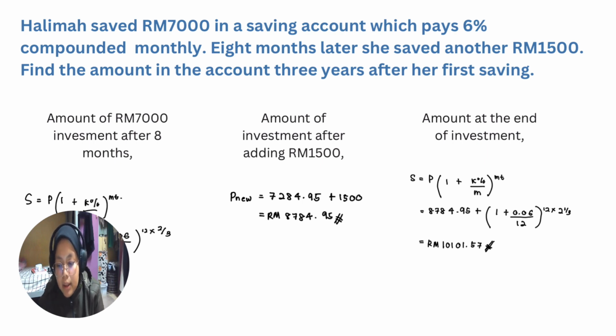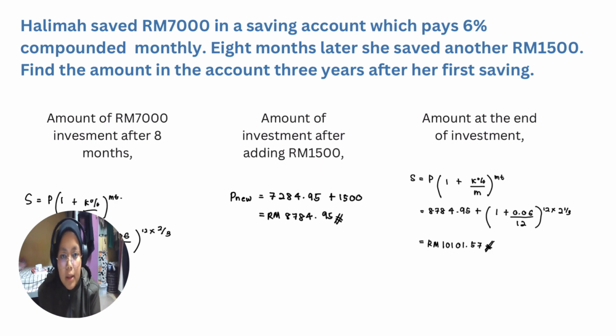Same as before, find the amount of the 7,000 investment after 8 months using the same formula, and then you will get the answer 7,284 ringgit 95 cents.